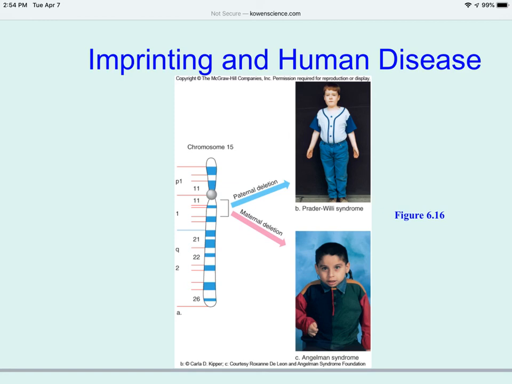Angelman syndrome mainly affects the nervous system, so the individual may have a small head, severe intellectual disabilities, speaking problems, and problems with balance and movement. They may have seizures and sleep problems.